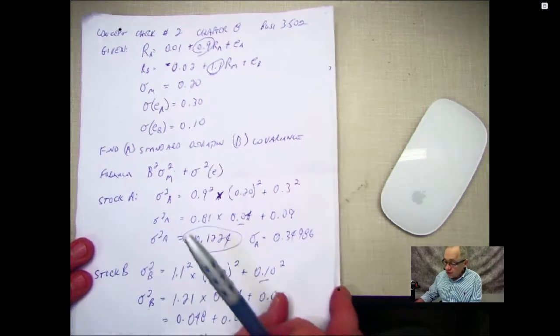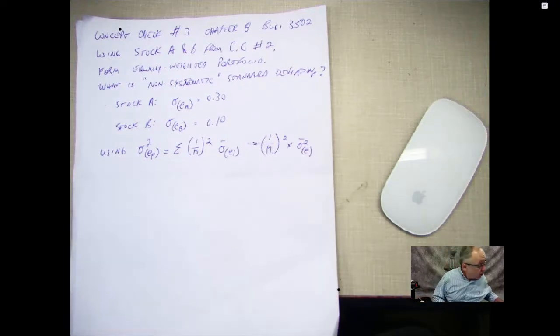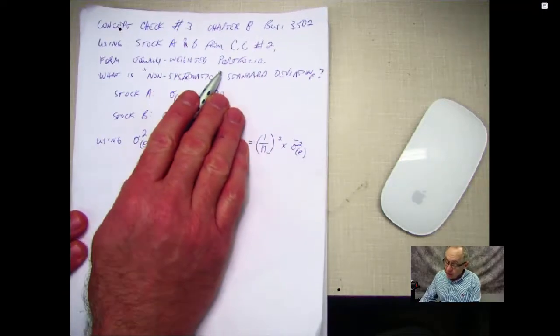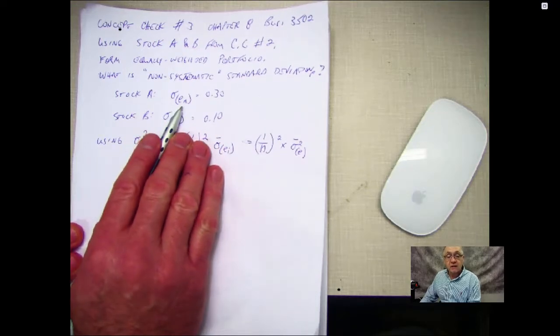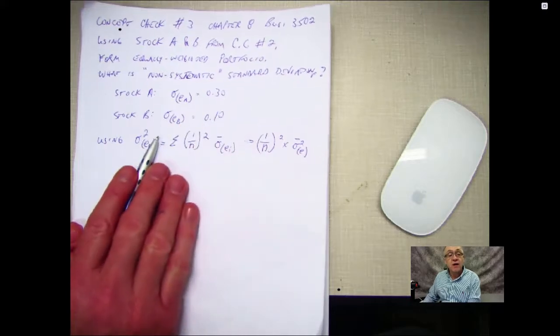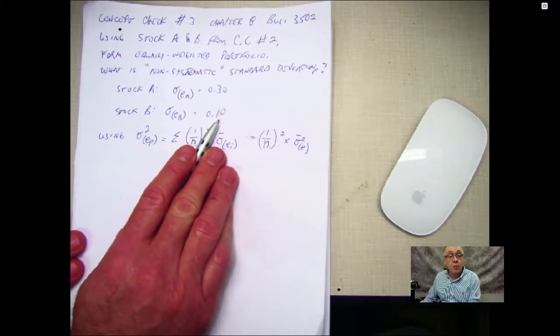So for concept check B, we're going to use the formula that's given on page 270. And I repeat it here, forming an equally weighted portfolio of A and B. So the standard deviation of the unsystematic risk of A is 0.3, the unsystematic risk for B is 0.1.